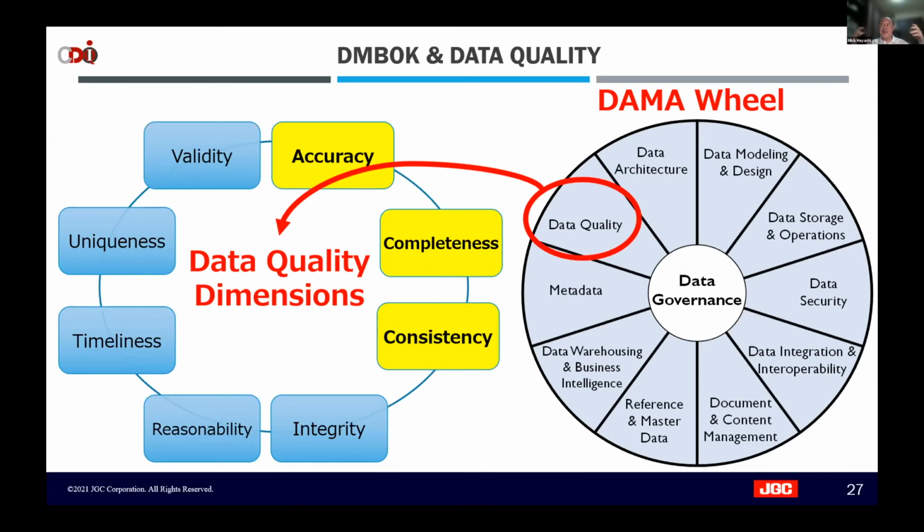They only imagine accuracy, but that's not complete, it's not good quality. If the data is not consistent with reality, or among the data, we cannot trust it. So please remember we have these dimensions to measure the quality of the data. This is described in detail in the DMBOK.